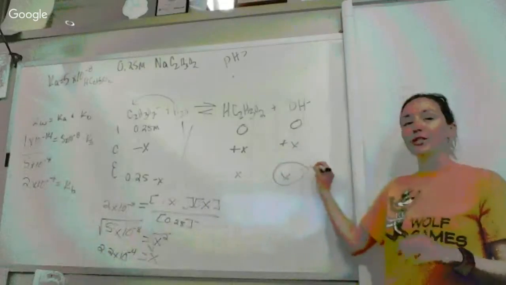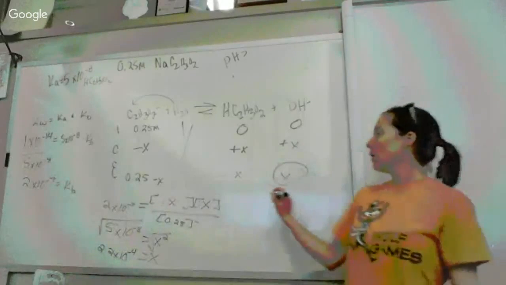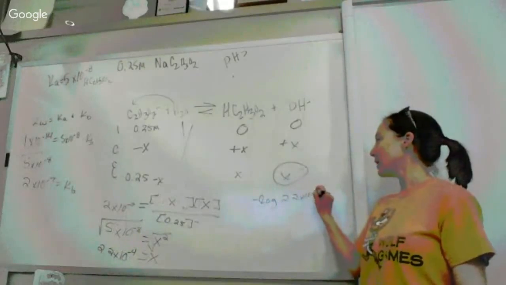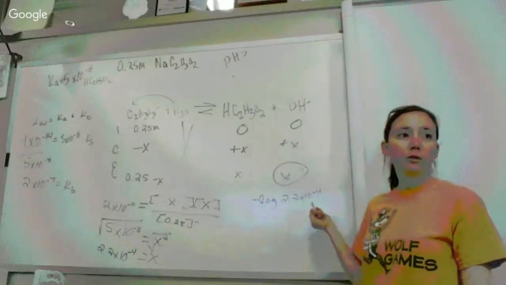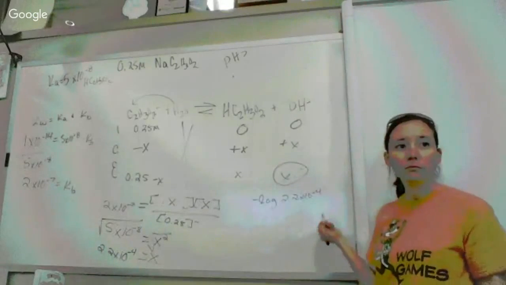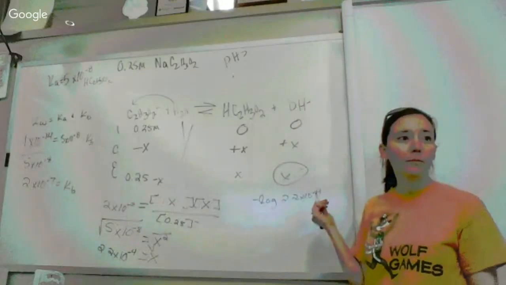So that tells me how much hydroxide we have. So you'll take the negative log now of 2.2 times 10 to the negative 4th. It's just going to give me something less, 3.8. You want to do it?